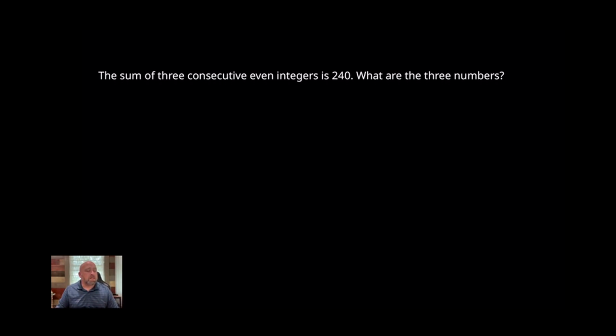So the next one is the sum of 3 consecutive integers is 240. All right, so we notice some important information here. What's the important information? It's 240. So we want to write equals 240. And then we have 3 consecutive integers, but not just consecutive integers, they're consecutive even integers.